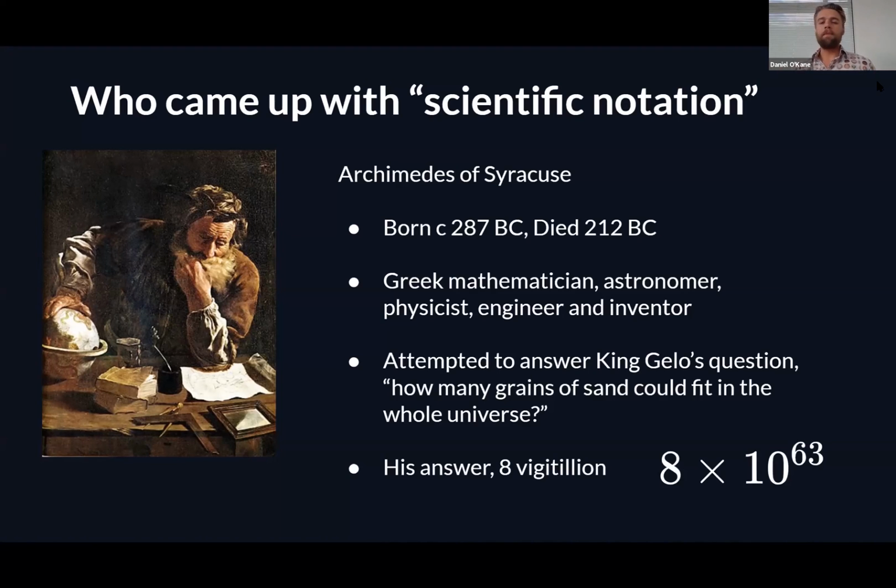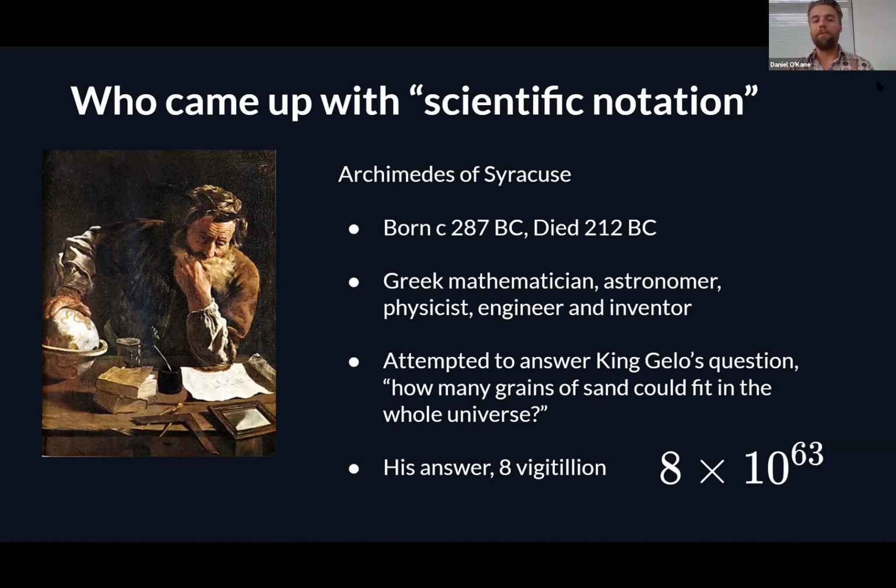And there was a man named King Gelo who asked a question to Archimedes. How many grains of sand do you think could fit in the whole universe? So Archimedes had to think about how much sand is there on the planet Earth. And he came up with this answer of 8 vigintillion.